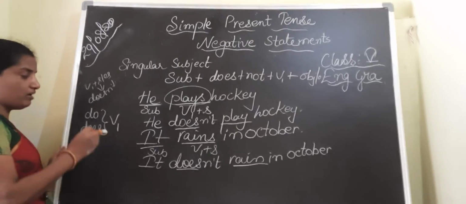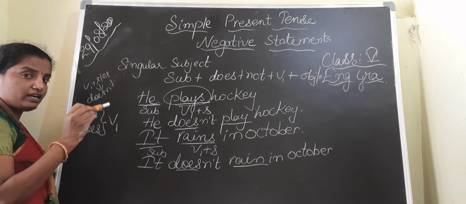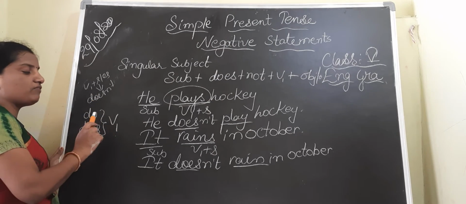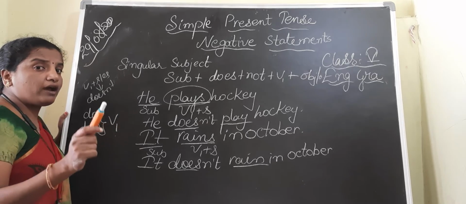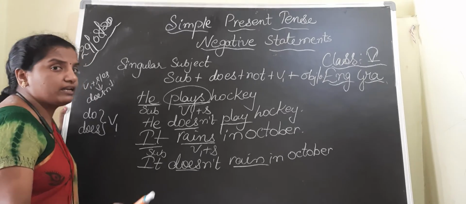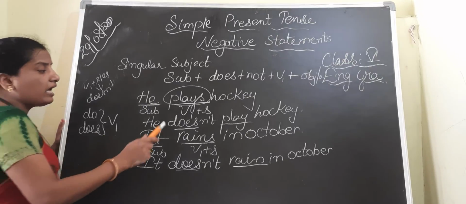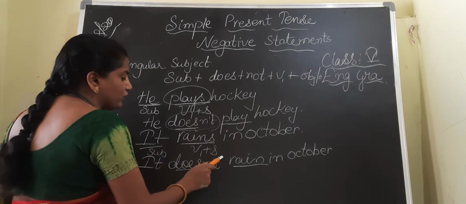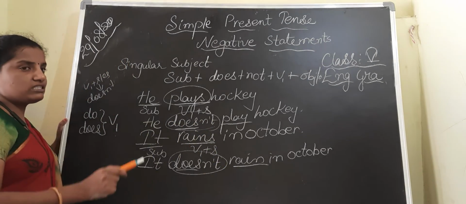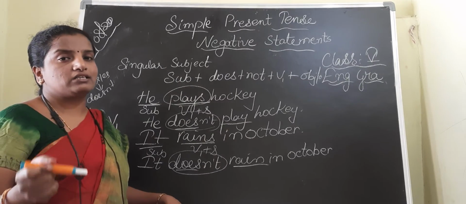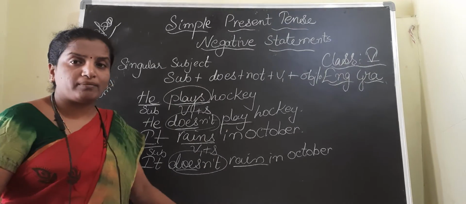In the same way, when we are using do, as we discussed yesterday, you have to write V1 only. This is one important thing, and the other important thing is short form negatives. Instead of writing do not or does not, you can use short form negatives.